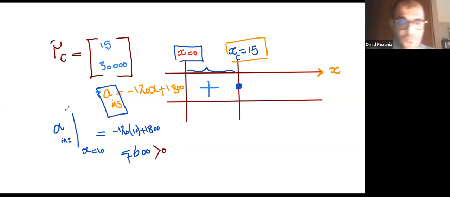But guys, before we continue, let's move on again to our geometric interpretation of this sign, which is the sign of our instantaneous rate of change. Why is it positive? What does it mean?